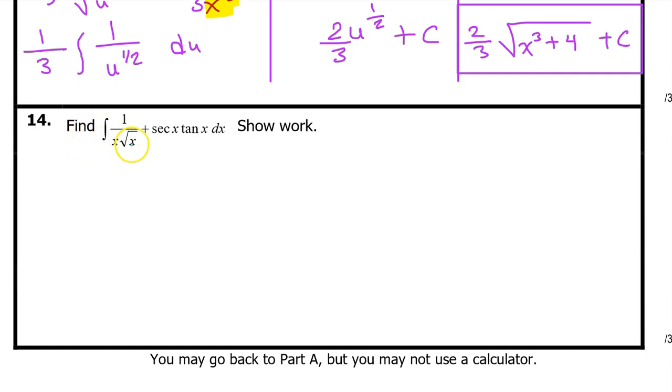To integrate number 14, we just need to simplify this first term. So first of all, I'm going to look at the square root of x as x to the 1/2 power.